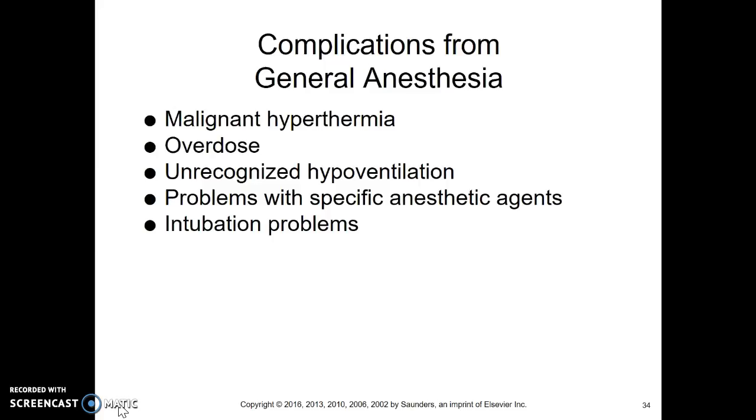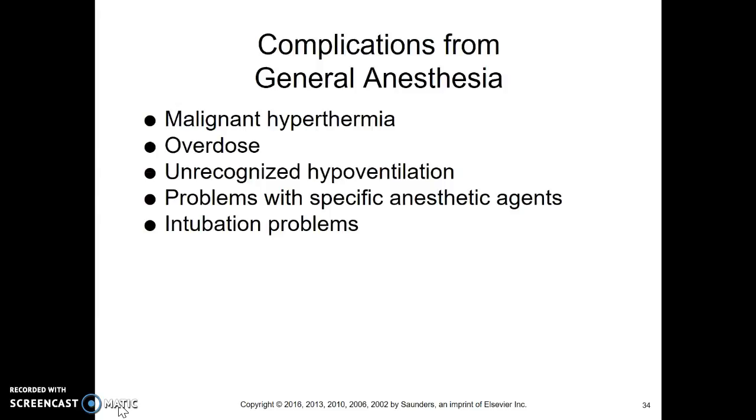Complications that can occur from general anesthesia. Obviously people can overdose, and you can be more in a stage 4 situation where it's very difficult. Sometimes patients can be under general anesthesia and their respiratory status is not being monitored like it should be, and they might not be breathing very much, what you call hypoventilation.